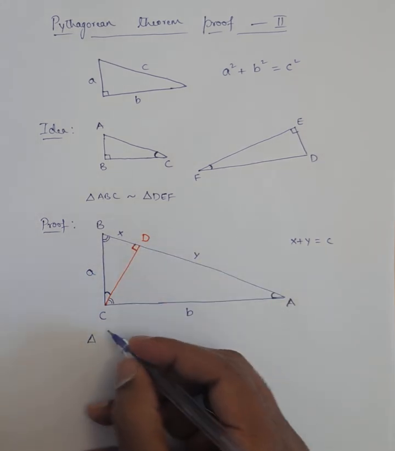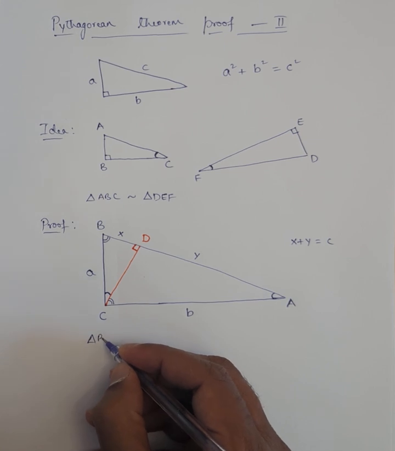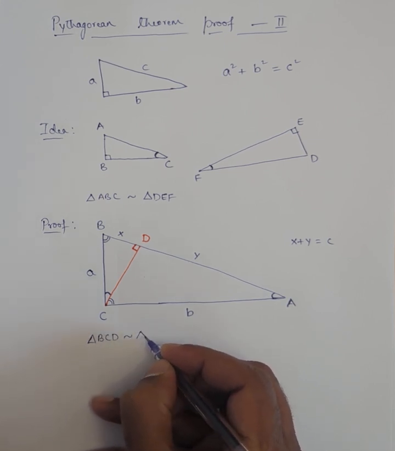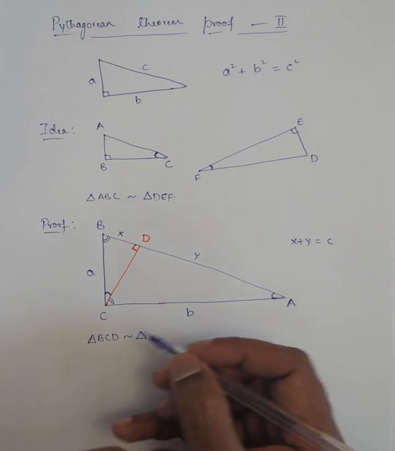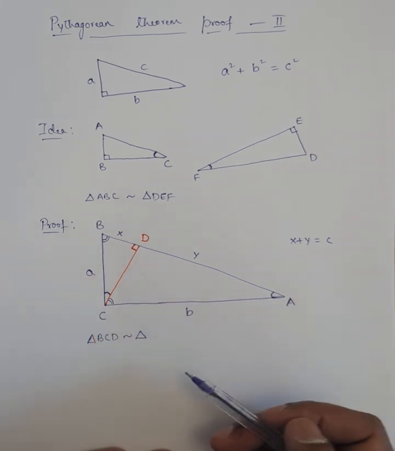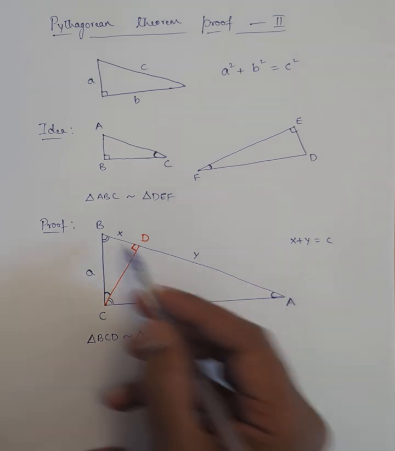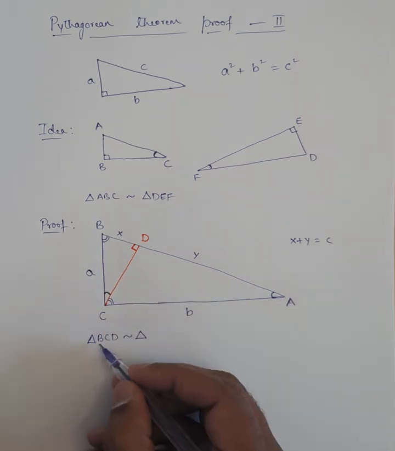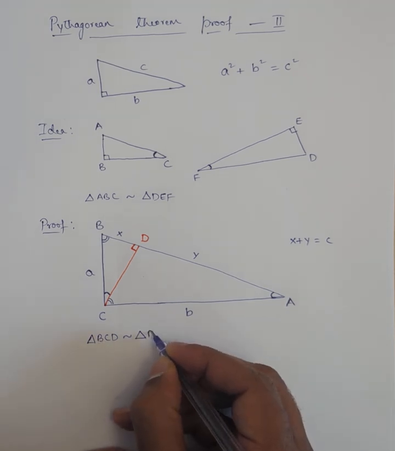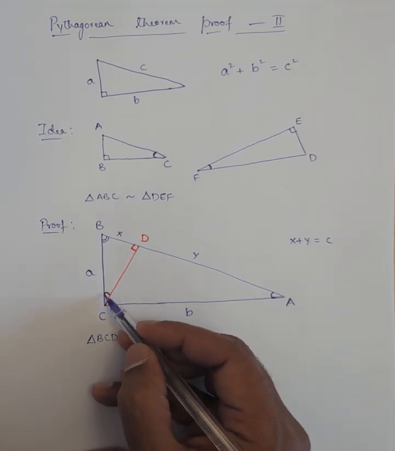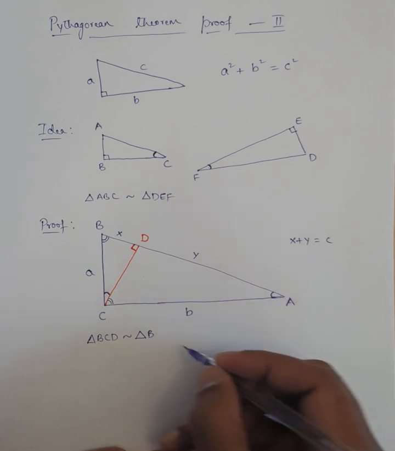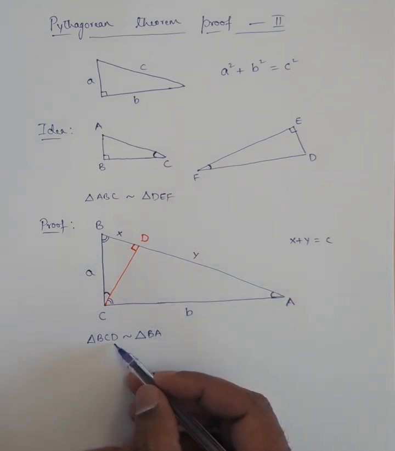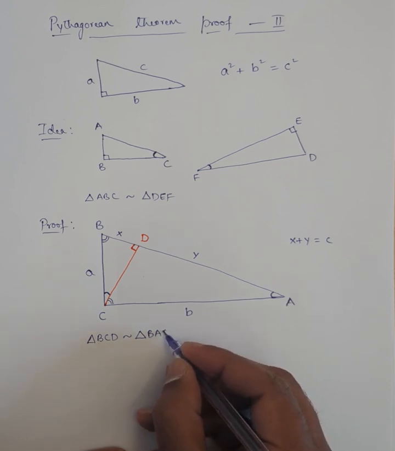The smaller triangle BCD is similar to the big triangle, but I have to be careful with the labels. How do I write the original triangle? B corresponds to B, but C is the single arc, so that corresponds to A, and D was the right angle, so here this is going to be C.